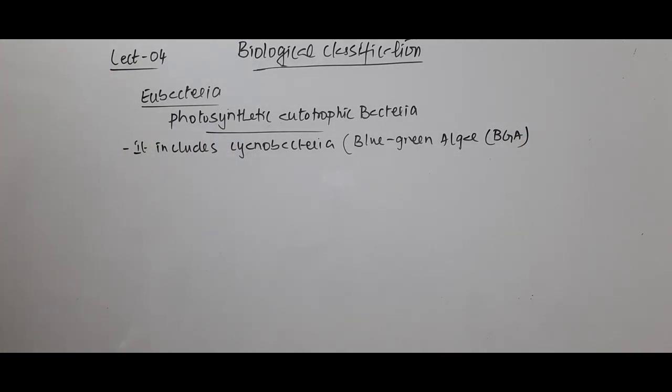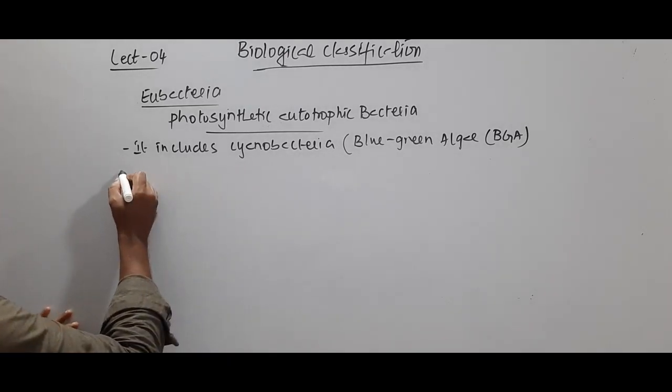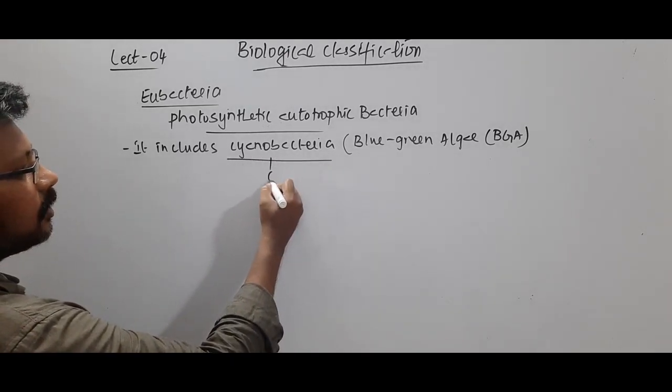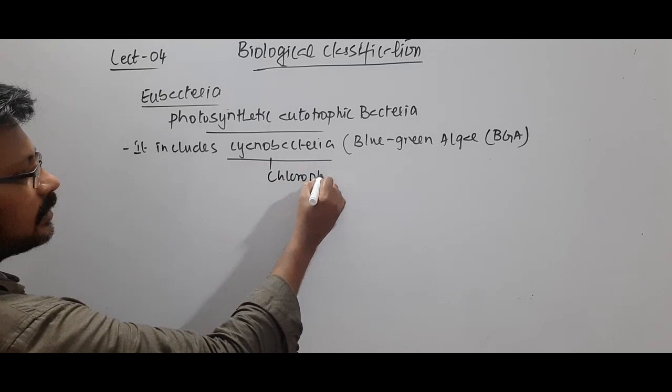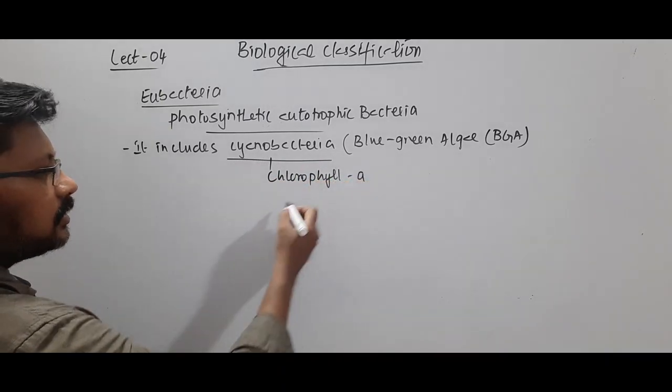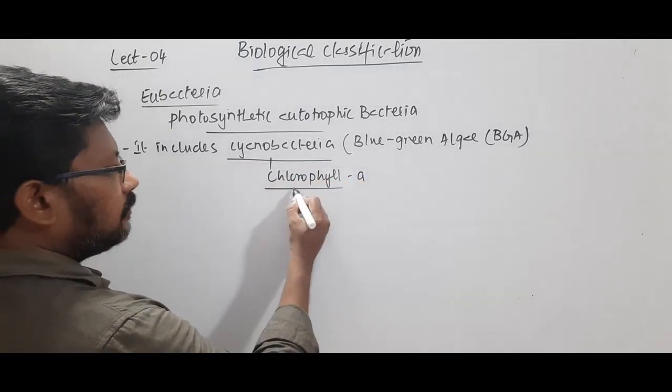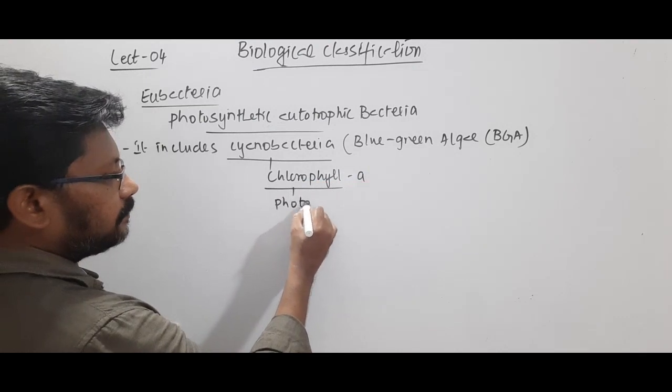Okay, and these cyanobacteria have chlorophyll A. This chlorophyll A is a photosynthetic pigment.